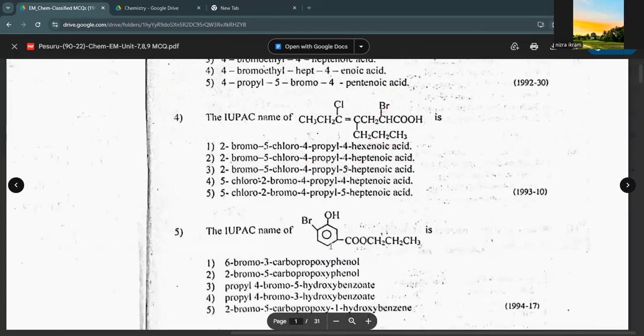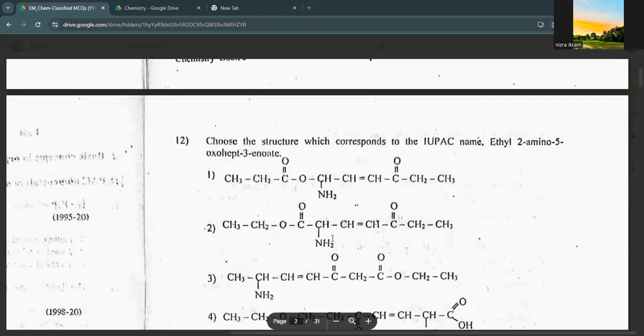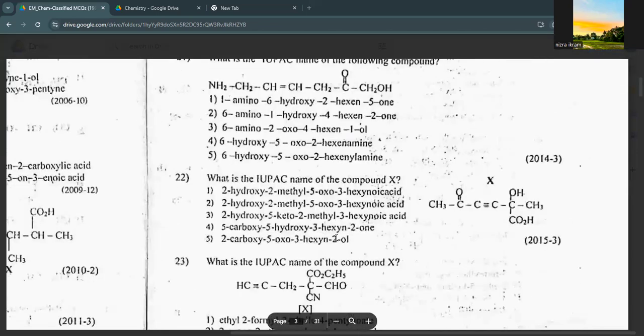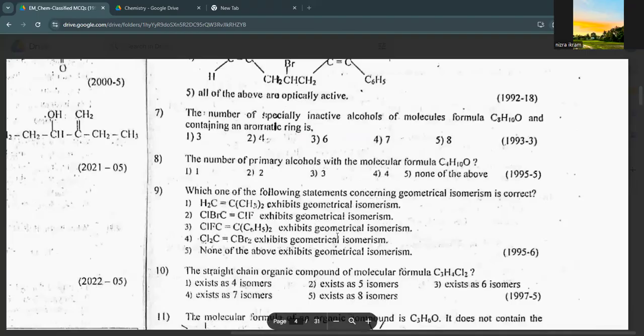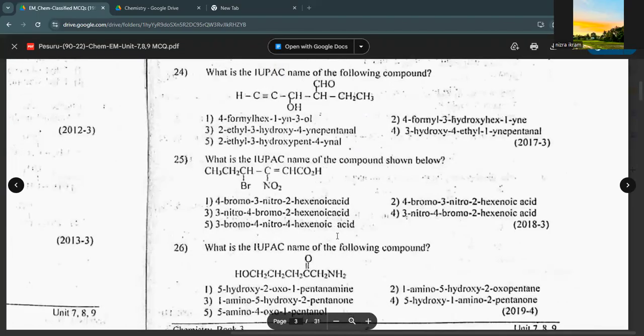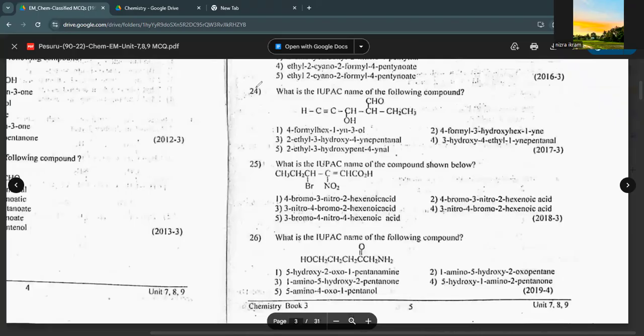So this fifth one, you won't have the benzene and stuff. Go to a newer one. Now 24, 25, 26. Everyone has to put me the answer.